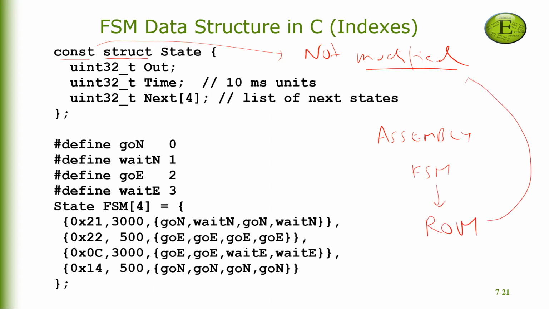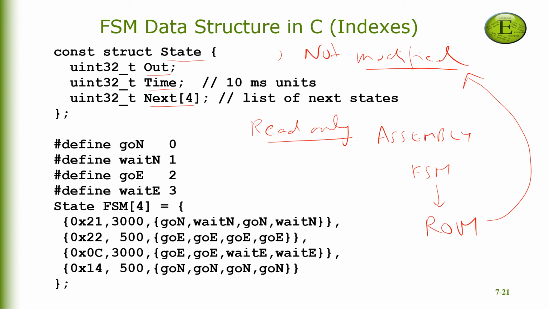That's not going to be modified. It's read only. For read only purposes, we can make use of the constant struct. The name of this struct is state, and it has three attributes: the out, time, and the next. Next is actually an array of 4 elements. So this completes the definition of the struct.